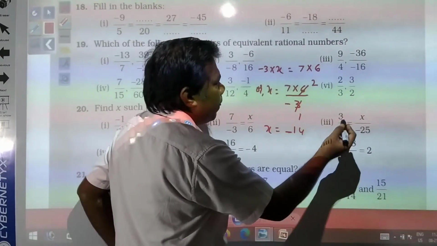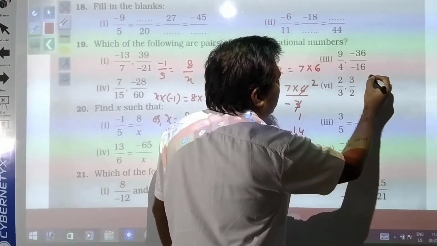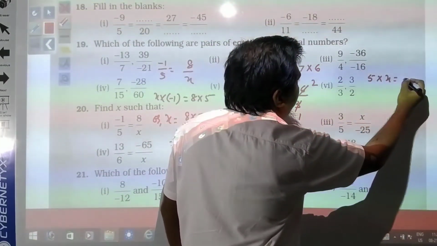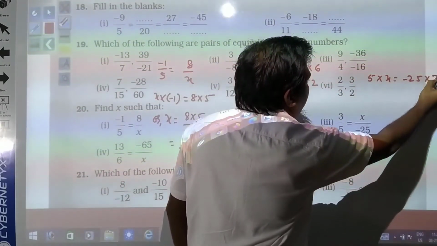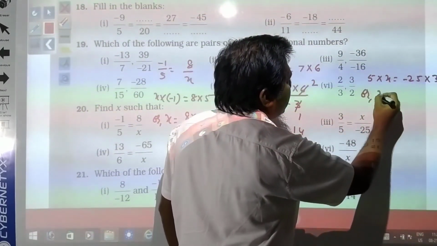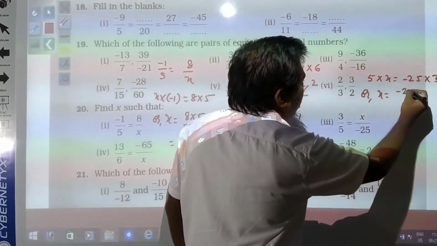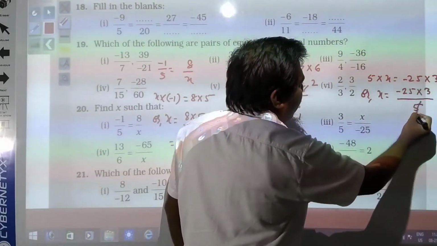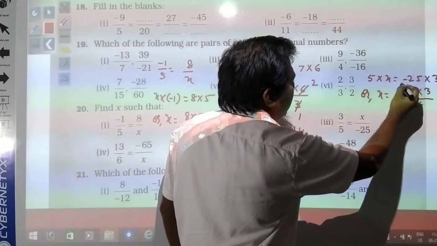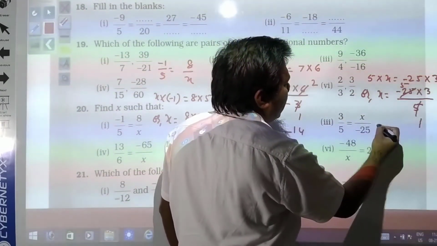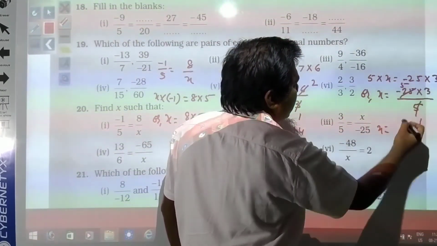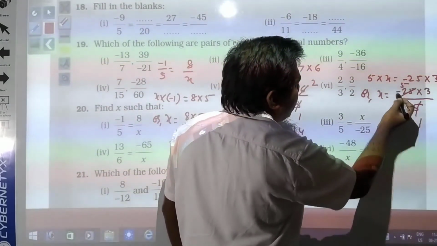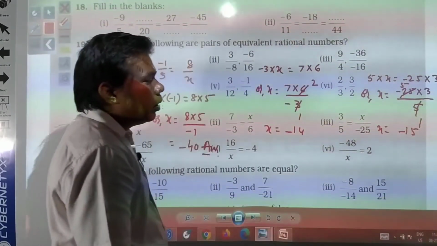Here you see 5 × x = -25 × 3, or x will be equal to -25 × 3 divided by 5. 5 ones are 5, 5 fives are 25. What you will get? x will be equal to 5 × 3 is 15, and minus you have, so -15 will be your answer.